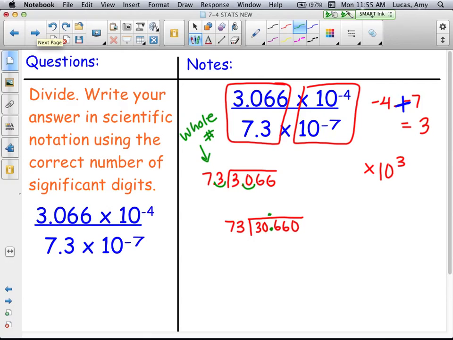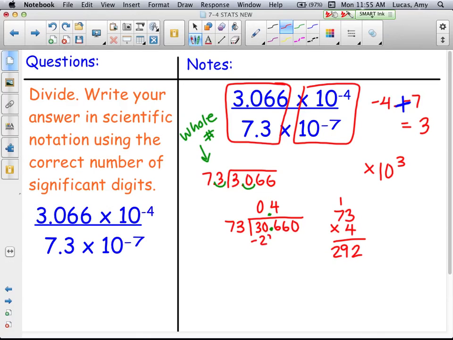Now, 73 does not go into 30, so it goes in 0 times. 73 goes into 306. I'm not sure how many times. So maybe 3 or 4. I'll try 4. 3 times 4 is 12. Carry the 1. 7 times 4, 28 plus 1 is 29. That looks pretty good.